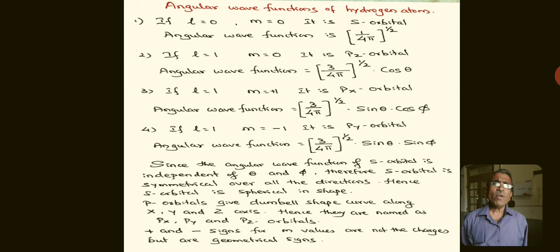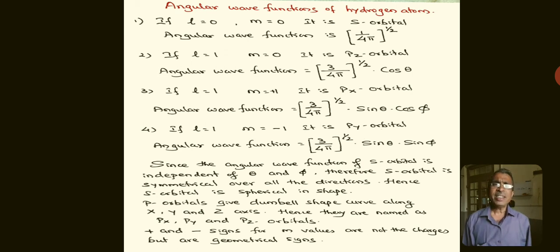The angular wave functions of hydrogen atom. If l is equal to 0 and m is equal to 0, it represents the s orbital. Angular wave function for the s orbital is 1 upon 4 pi raised to 1 by 2.